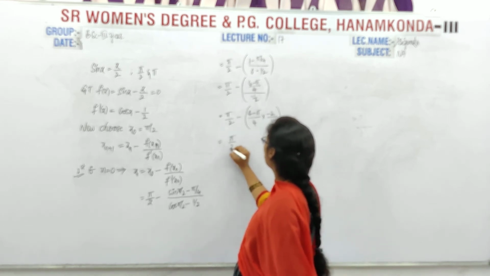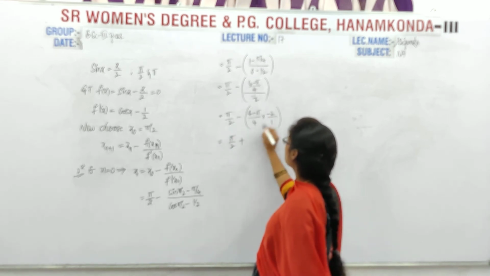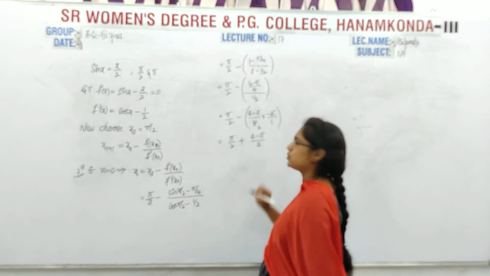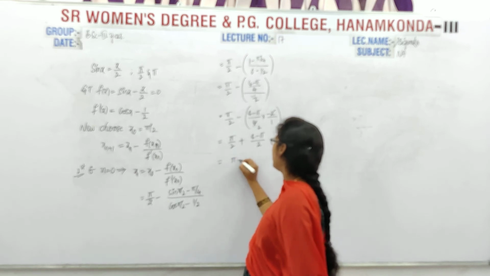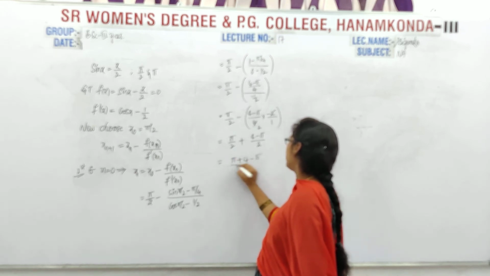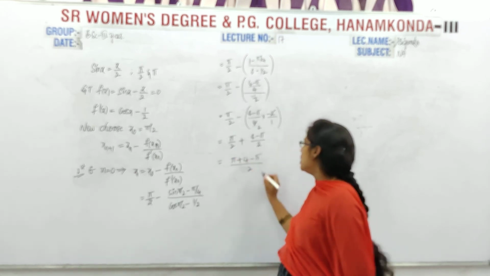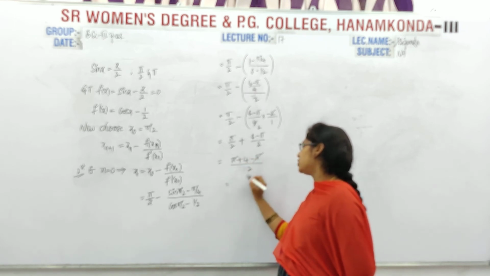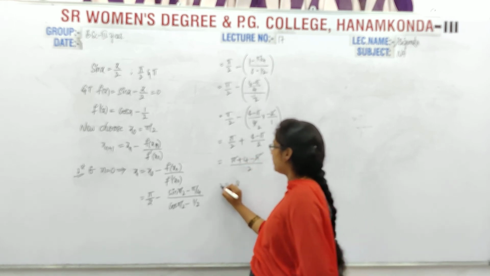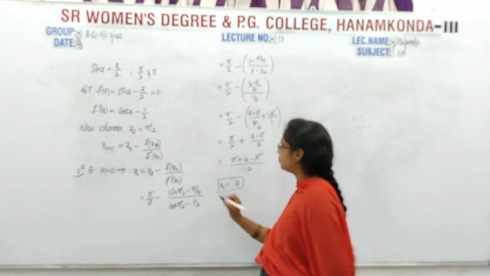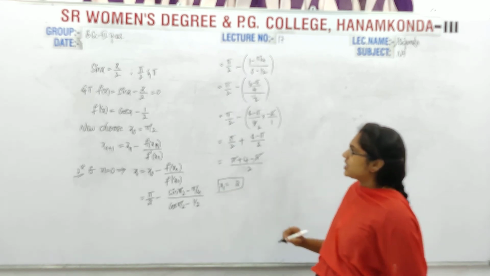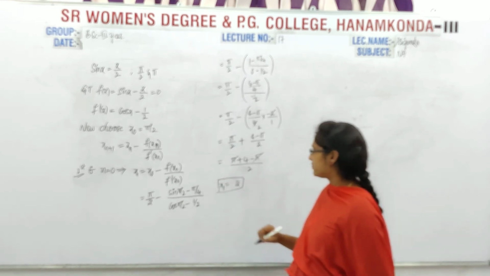Simply pi/2 minus into minus plus, 2 ones are 2, 2 twos are 4, minus pi/2. Now pi plus 4 minus pi over 2, where 2 will be the LCM. So now minus pi plus pi cancel, 2 ones are 2, 2 twos are 4. Now what will be the value of x1 here? It is 2. Simple. x0 is pi/2, x1 is 2.